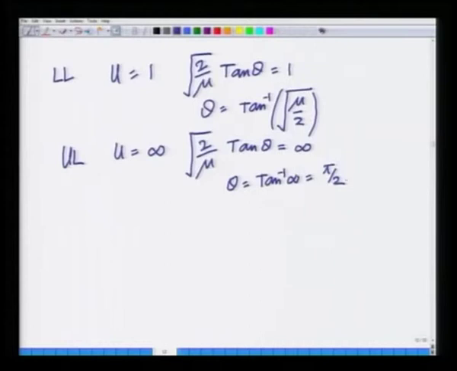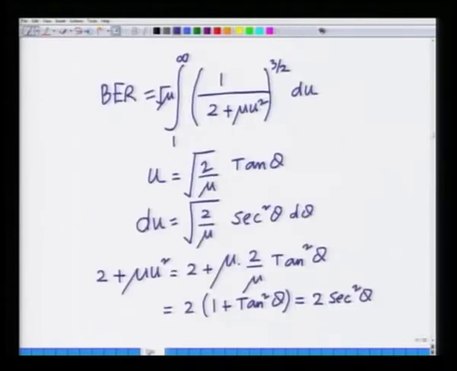Hence, now I can simplify this integral as integral square root of mu. The lower limit becomes tan inverse square root of mu over 2, upper limit becomes pi by 2 into square root 2 over mu secant square theta d theta divided by 2 secant square theta to the power of 3 by 2.